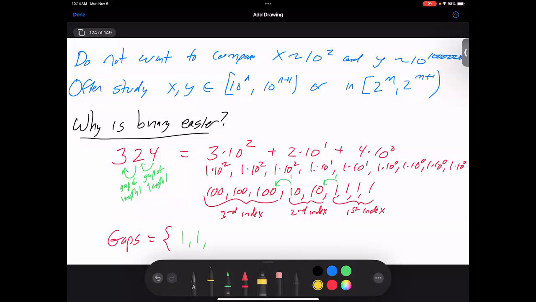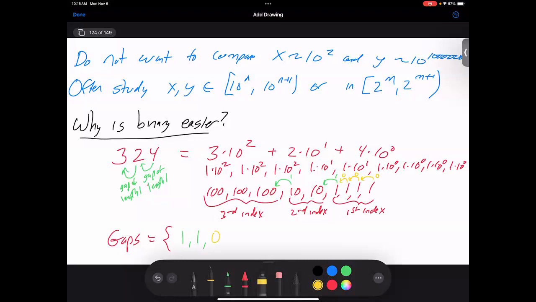When we go from the first index to the second index, that's a gap of length 1. When we go from the first index to the first index, that's a gap of length 0. How often do we go from the first index to the first index? Well, we start off with one gap of length 0, then another, and then another.